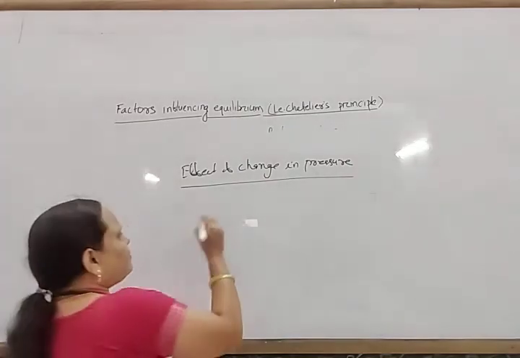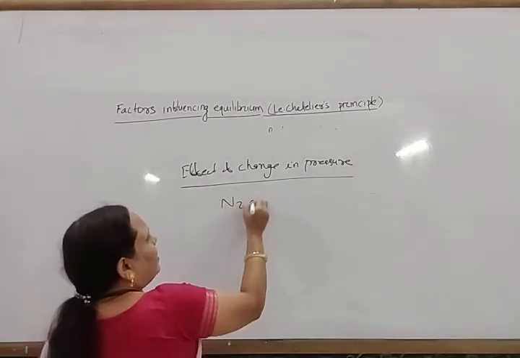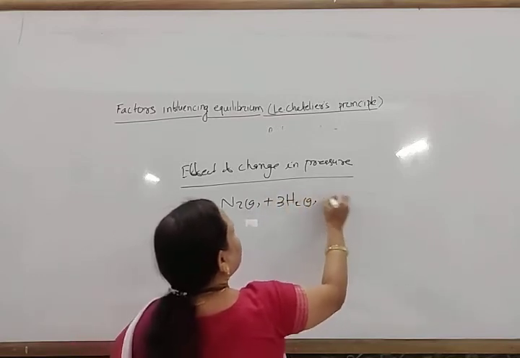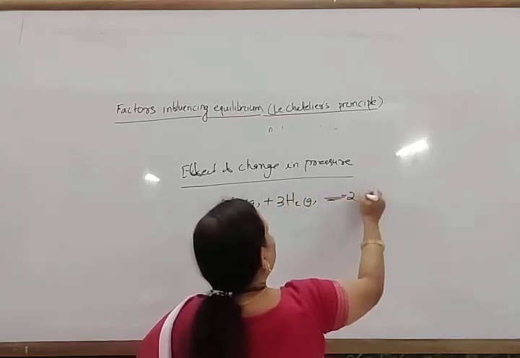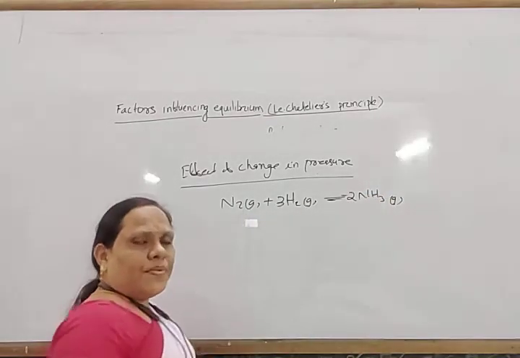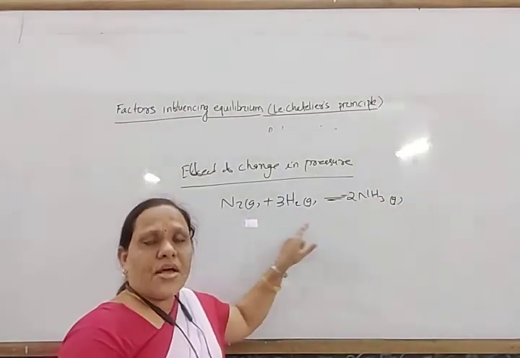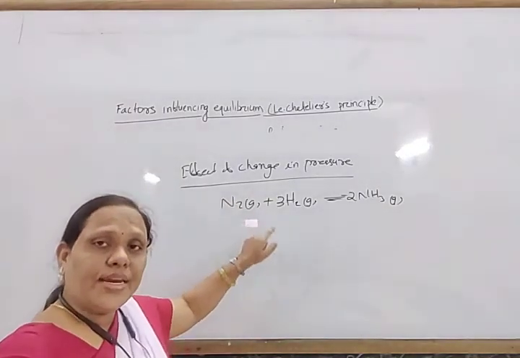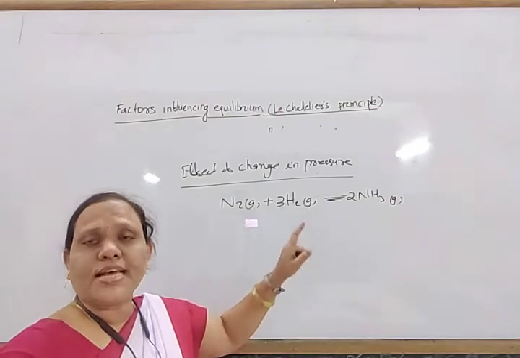Look here, same example: N2 gas plus 3H2 gas gives rise to 2NH3 gas. Suppose this is in equilibrium and you increase the pressure. By increasing pressure, the equilibrium shifts in the direction where fewer gaseous moles are present.